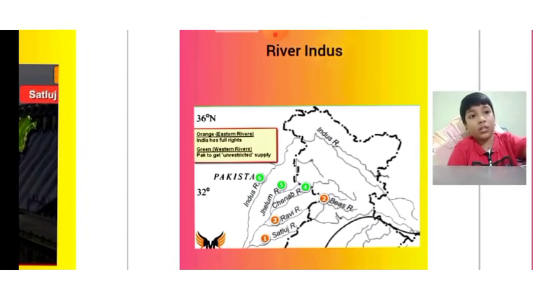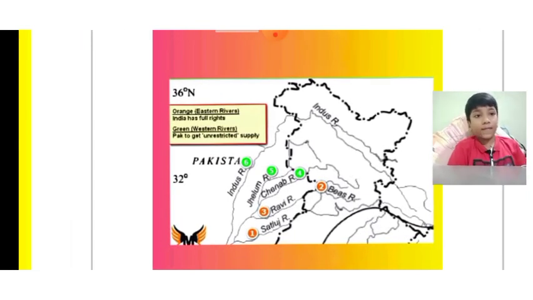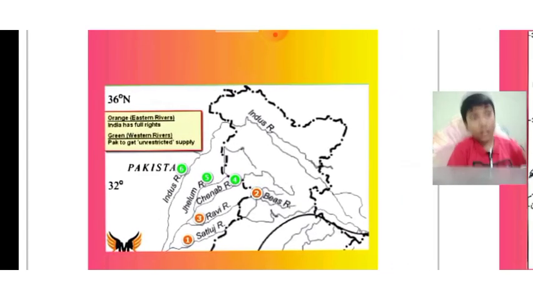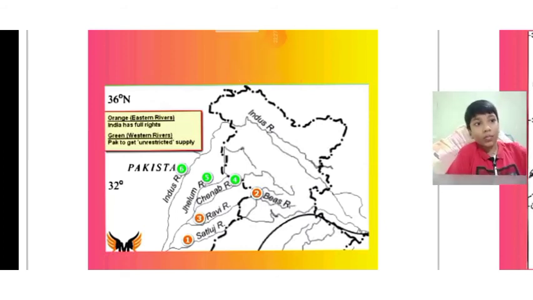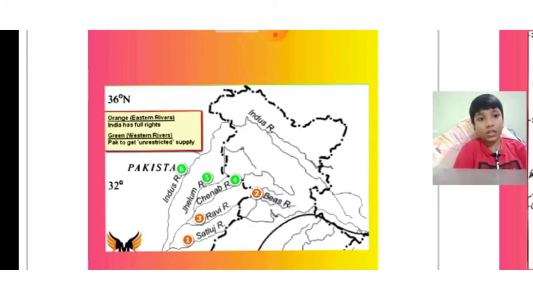And we saw about river Indus. The Indus starts from Manasarovar Lake, enters Ladakh in India and comes down, and goes to Pakistan. And it forms 5 tributaries: Jhelum, Chenab, Ravi, Sutlej, Beas.